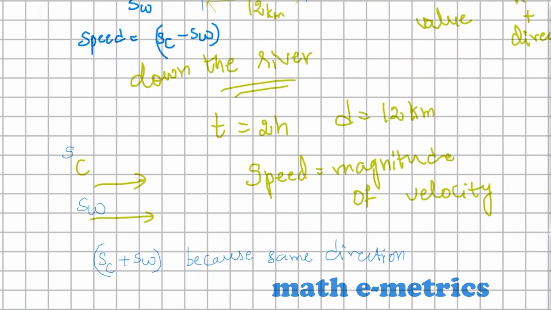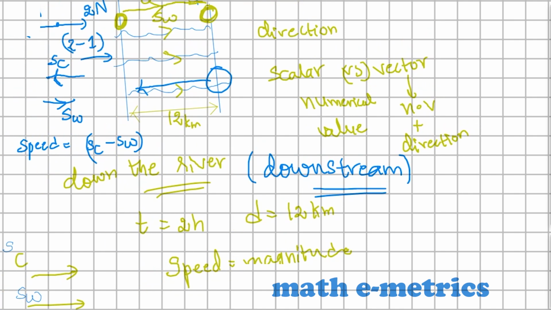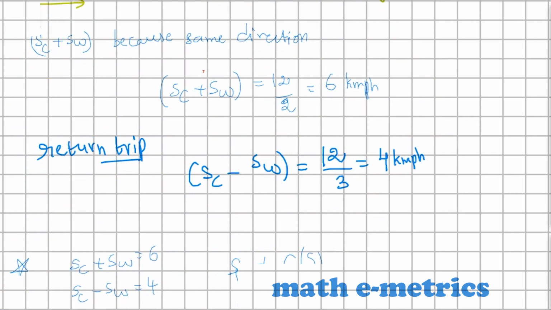There are two terms called upstream and downstream. When he is going down the river, it is called downstream, like going with the water current. When he is going against the tide, it is called upstream.